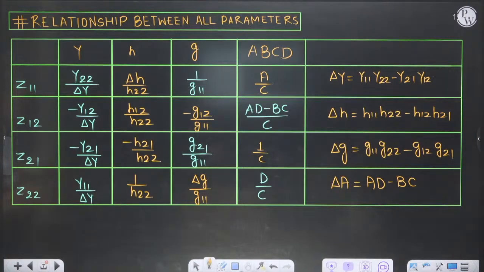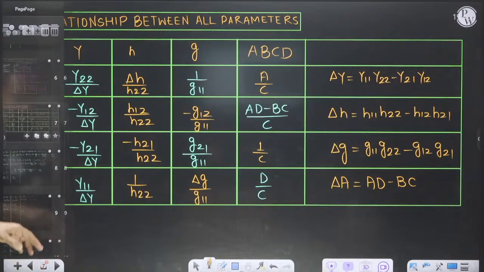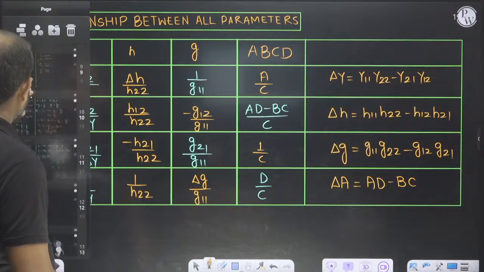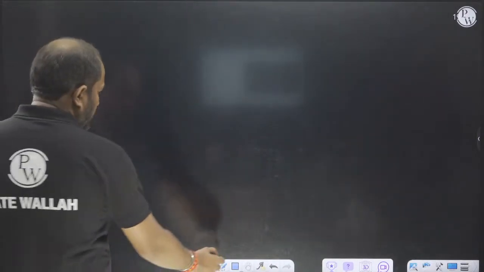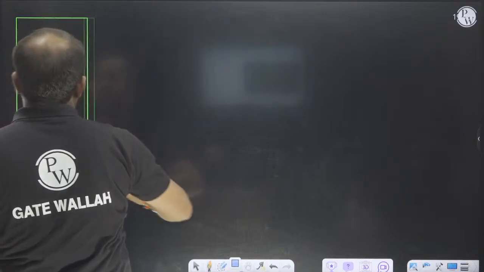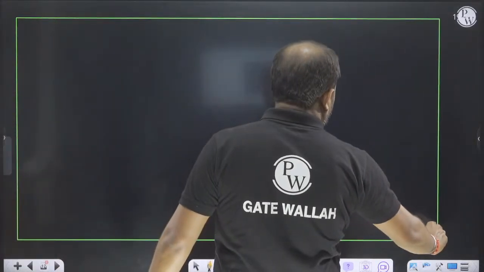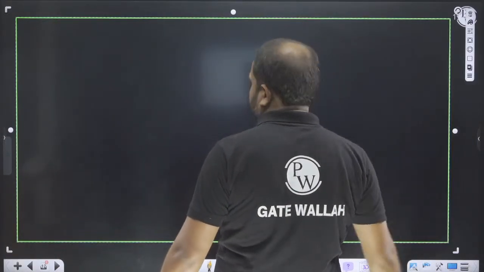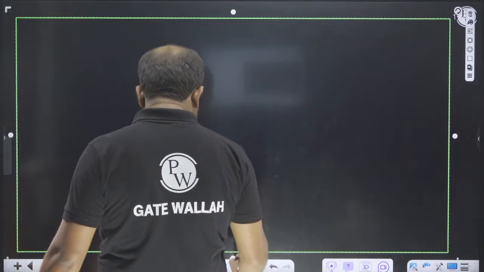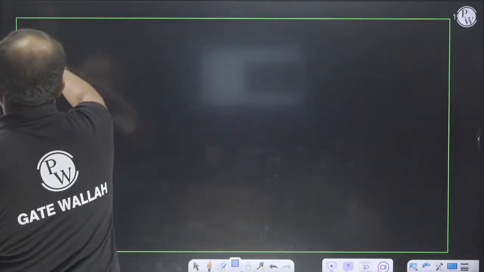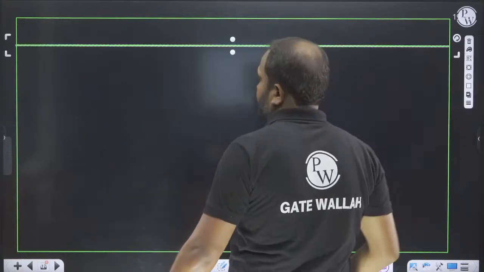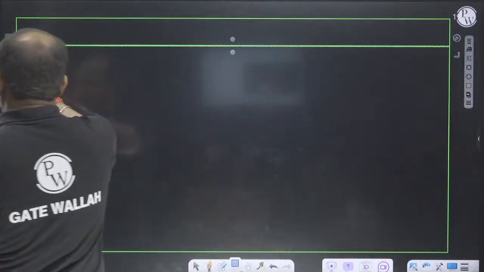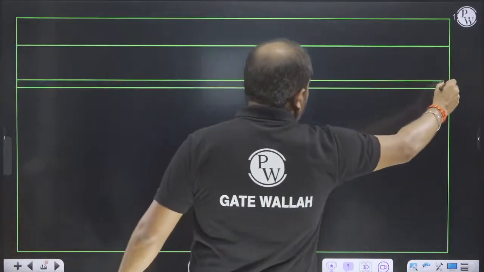Then we will go for Y parameter similarly, and we will go for G parameter. I will make a table for Y parameter and a table for G parameter, so that you can derive by yourself, because if I derive everything it will be a very big topic.